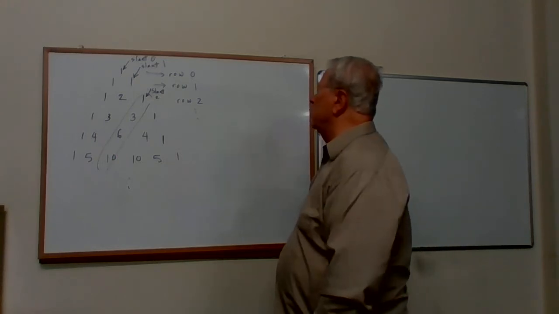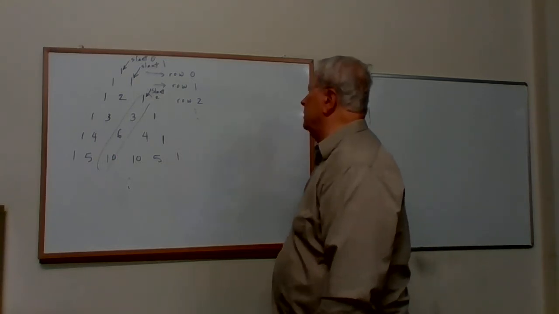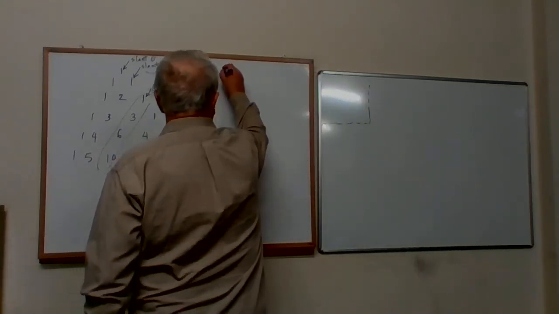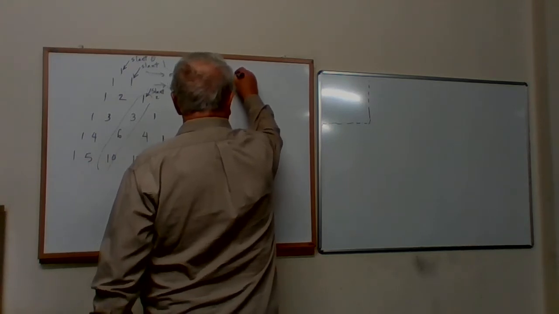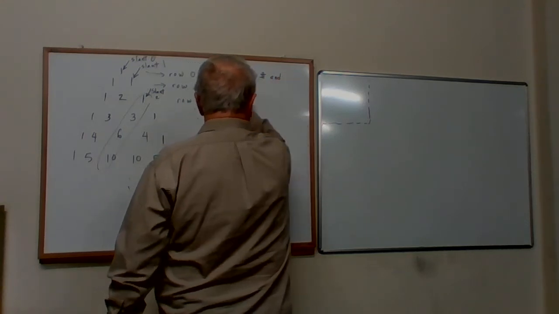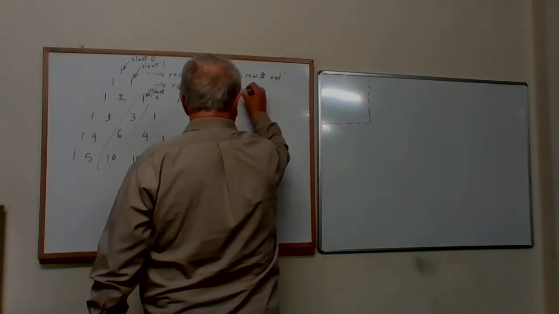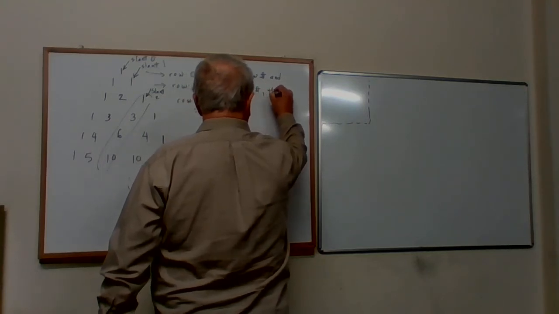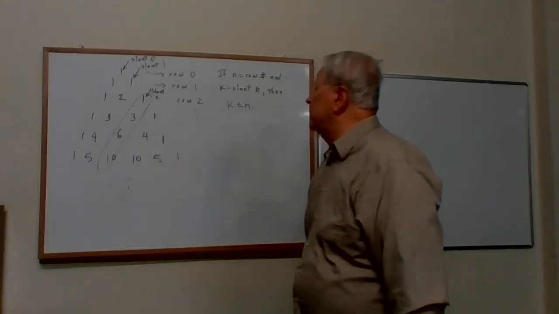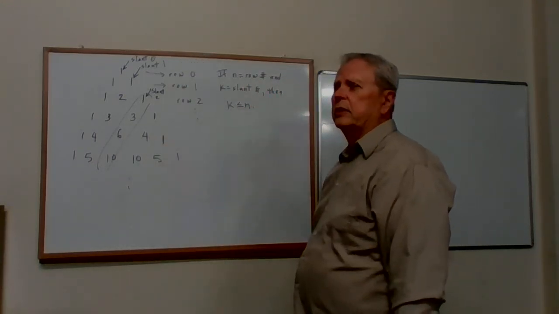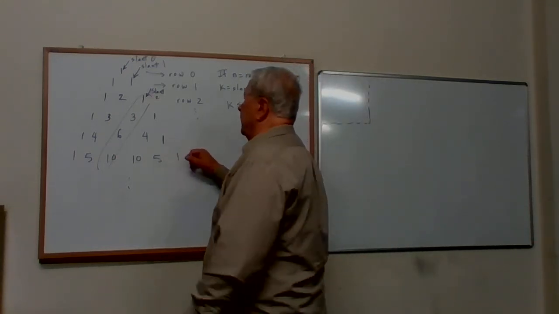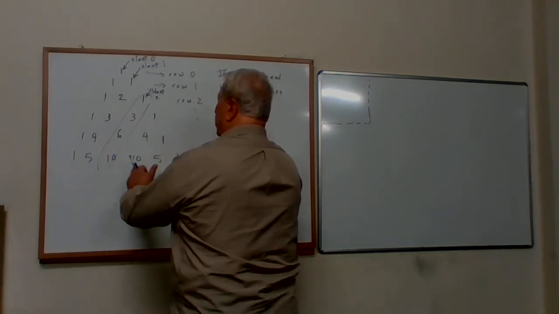So row 2, slant 3 doesn't exist. In other words, if n equals the row number and k equals the slant number, then k is always less than or equal to n. So row 5, slant 3, would be this row, and then the slant is 0, 1, 2, 3.